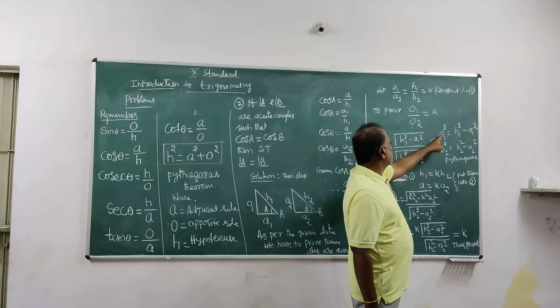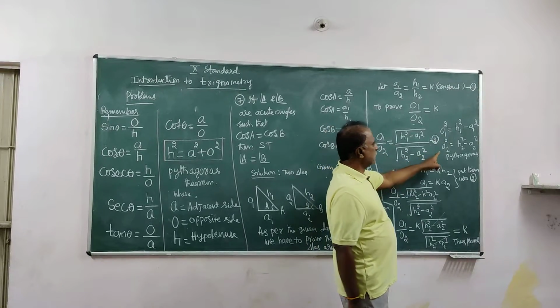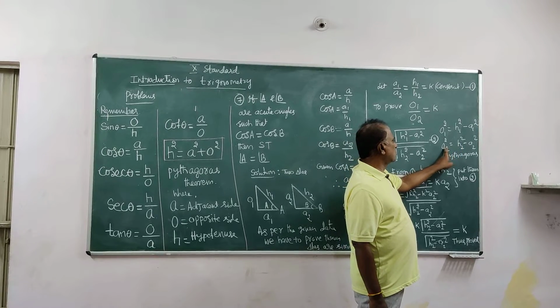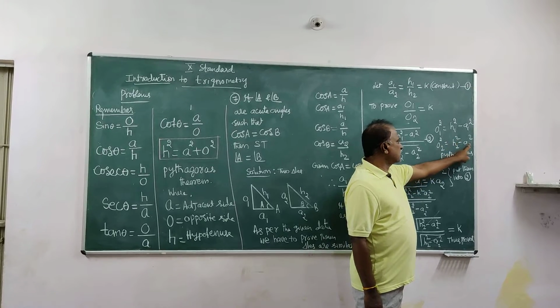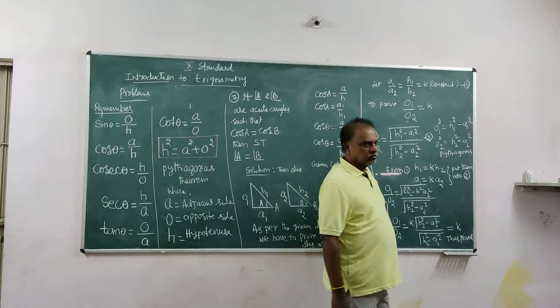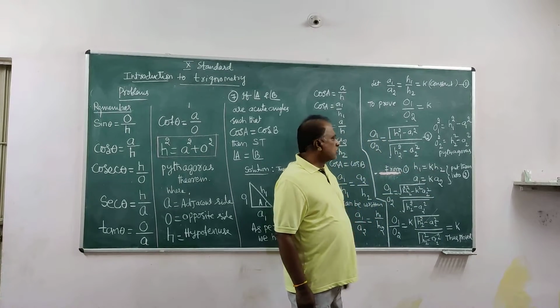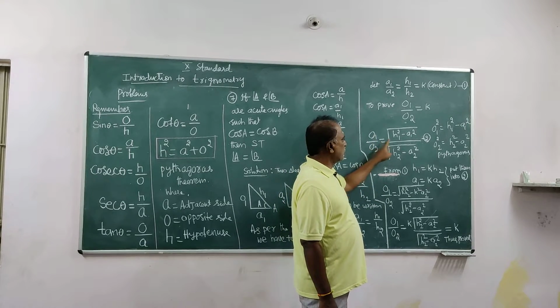Similarly, O2 by Pythagoras: H2 square equals O2 square plus A2 square, or O2 square is equal to H2 square minus A2 square. O2 is the root of that. So we have substituted for this using Pythagoras theorem. Then we get this.